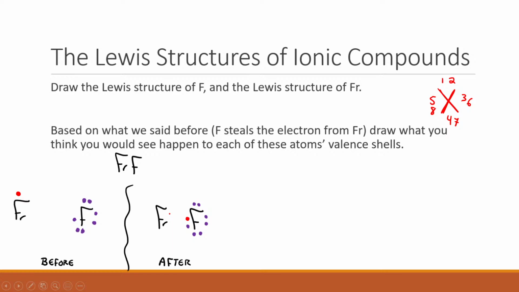In order to make francium fluoride, this after, into something that has bonded, we need to put 2 new pieces. We need to put brackets around each ion, and also include the charge outside of those brackets.